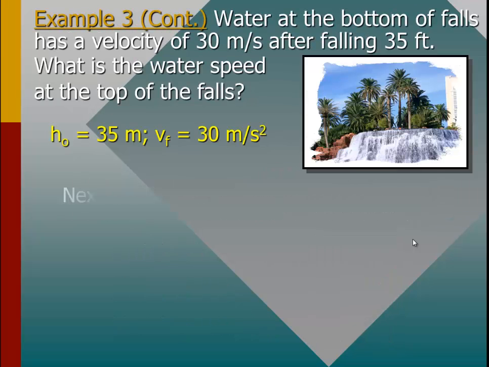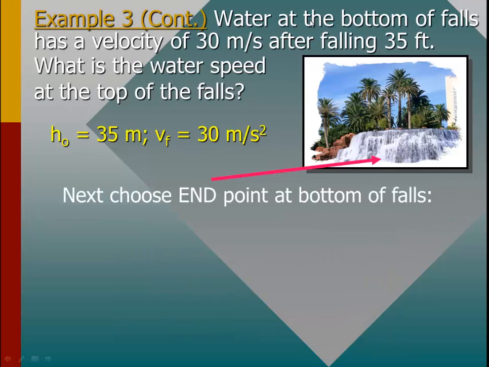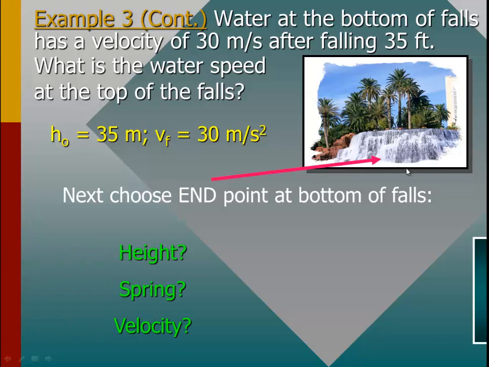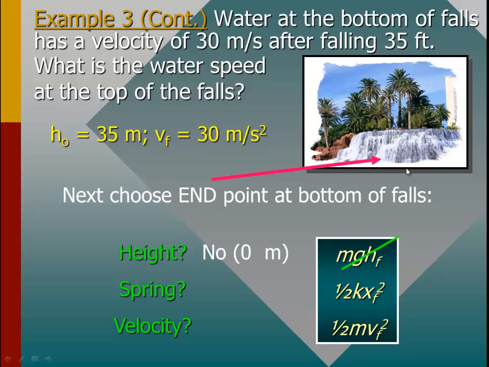Water at the bottom of the falls is 30 meters per second, and it falls 35 meters. So we have to choose an endpoint at the bottom of the falls. The endpoint we're going to say is 0, and then the final velocity is going to be VF.